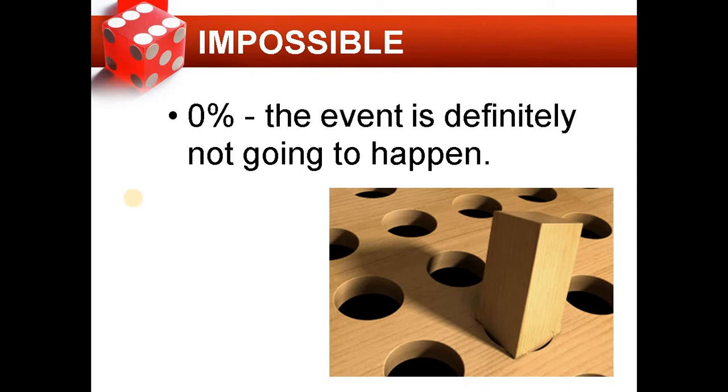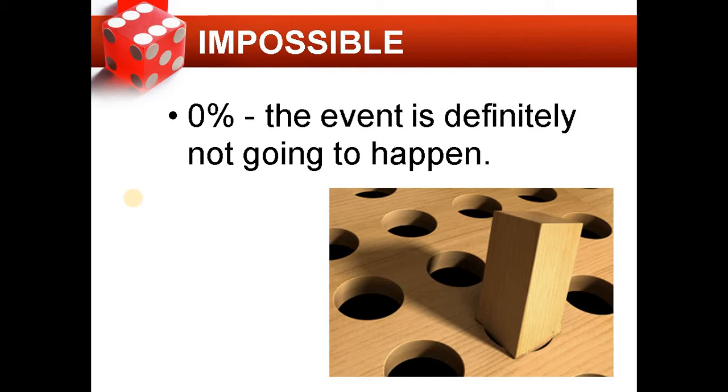I have a rectangular prism made of wood. What is the probability that it will fit into a circular hole? So what do you think? Yeah, 0%. It will not happen. Okay, that is impossible.